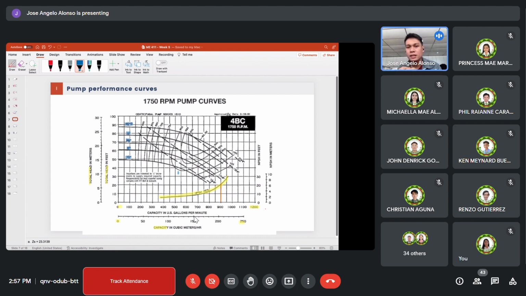So, si manufacturer pala, even though rated yung pump natin at 1,750 RPM, binigyan tayo ng flexibility na mapalitan or makapag-swap, mag-replace ng iba't ibang klase ng diameter of impeller. So, pwede siyang mas malaki kasi may limitation lang kung anong given lang dito sa chart. So, from 7 1/4 to 9.5 inches in diameter. So, for this example, gamit lang tayo ng 9 inches. I-highlight ko siya sa blue.